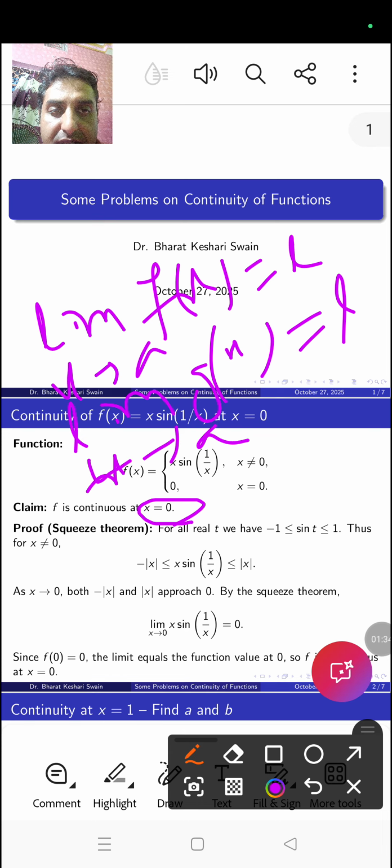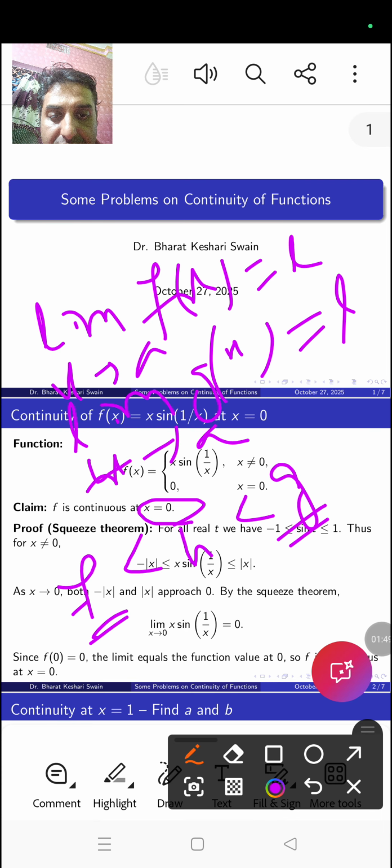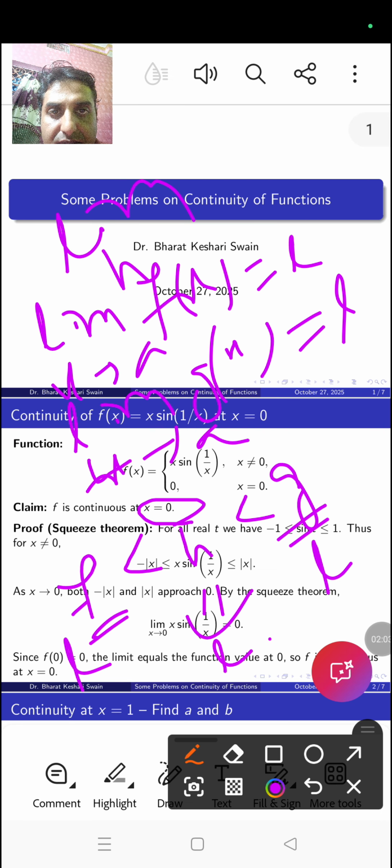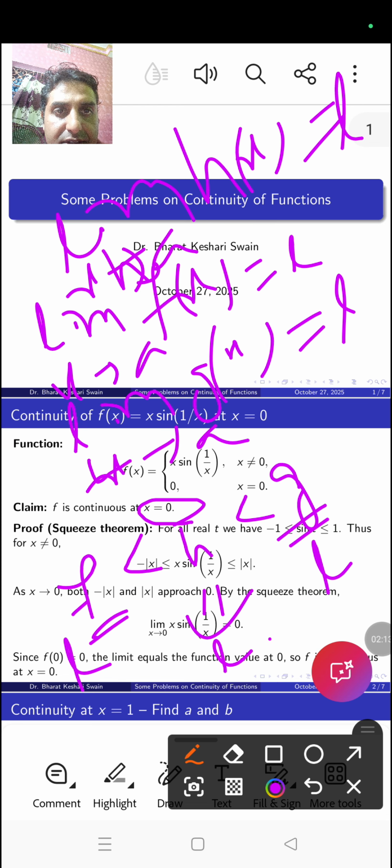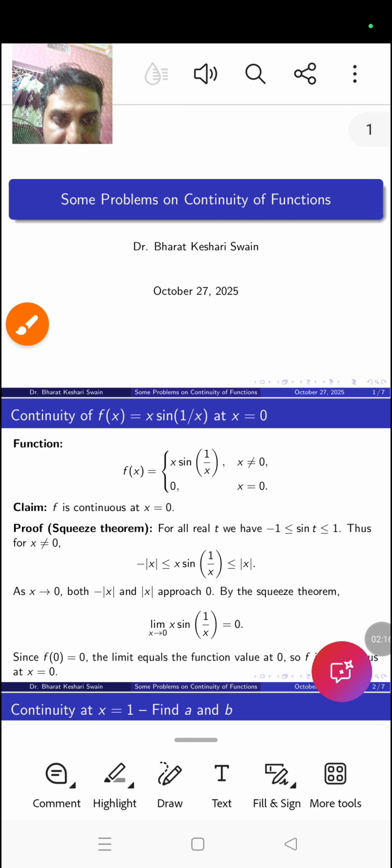So suppose the limit of f(x) is equal to L, the limit of g(x) is equal to L, then if there is a function h in between f and g, then the limit of h also will be L. Okay, so the limit of f equal to L, the limit of g equal to L, then the limit of h as x tends to a will be equal to L. So this is the squeezing theorem or sandwich theorem.